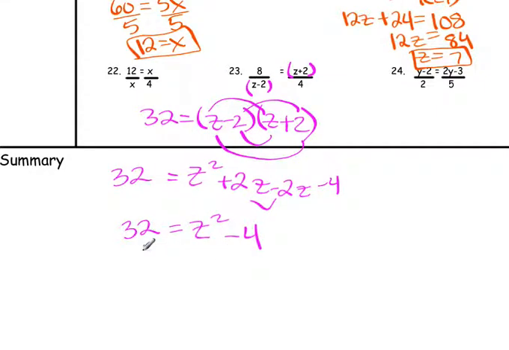Then I will add 4 to get the z squared alone, and then use square root. And remember, when you square root in your solving, you get a positive and a negative number. When you're solving an equation like this, you get that. If you just have root 36, you don't generally do that.